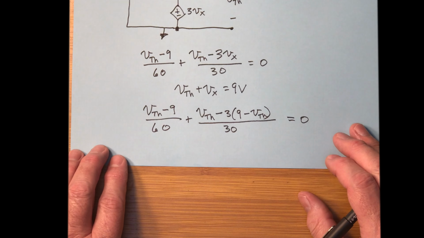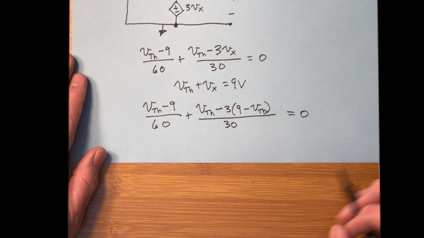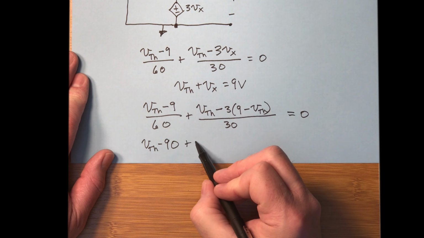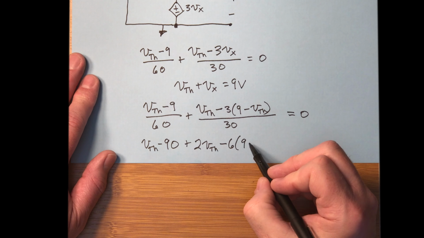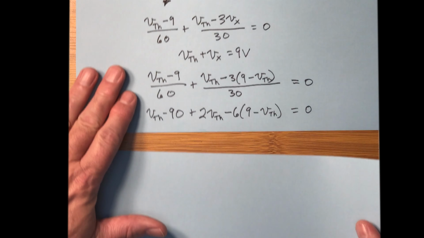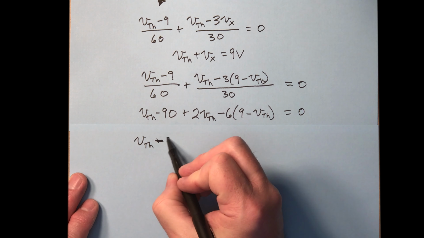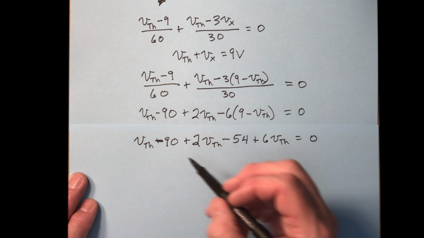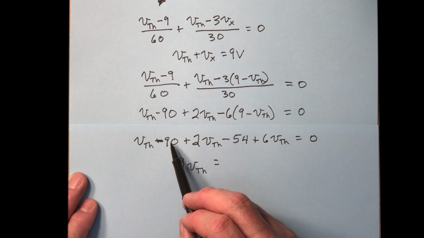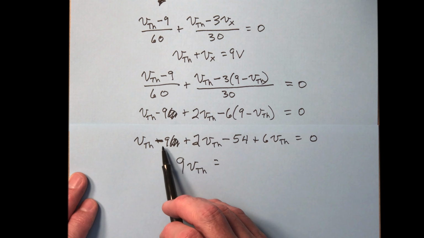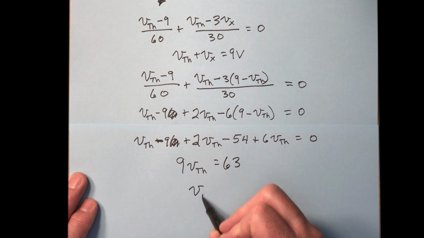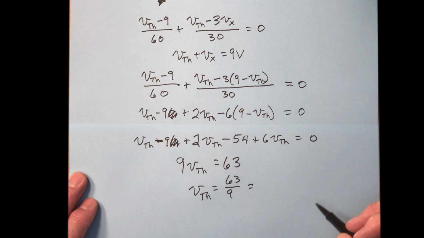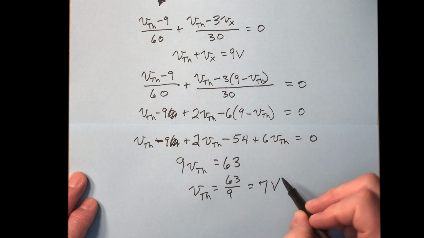Let's find a common denominator and group our like terms just like we always do. Looks like the common denominator is going to be 60. So VTH is 63 over 9, which is 7 volts.